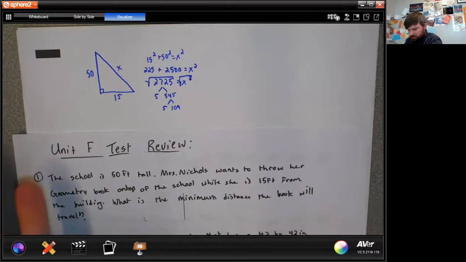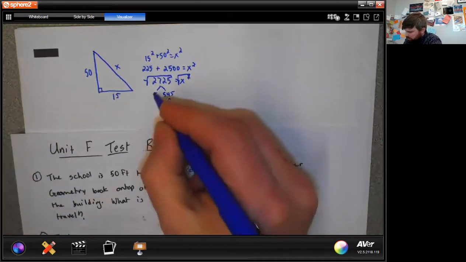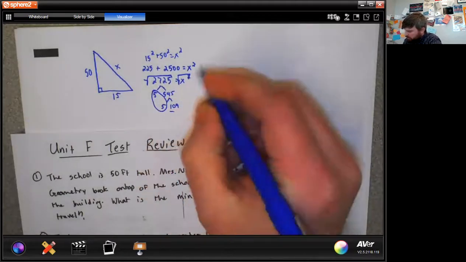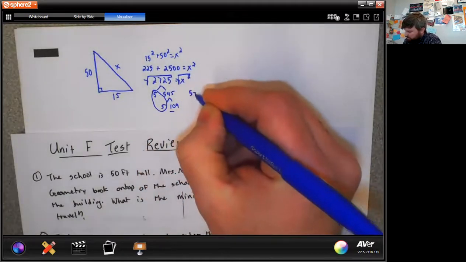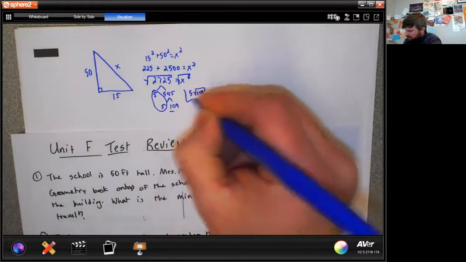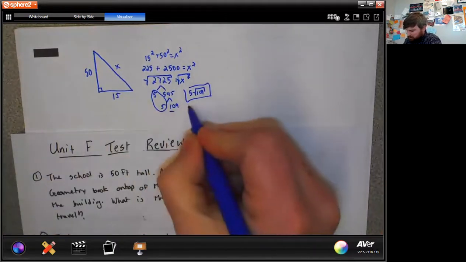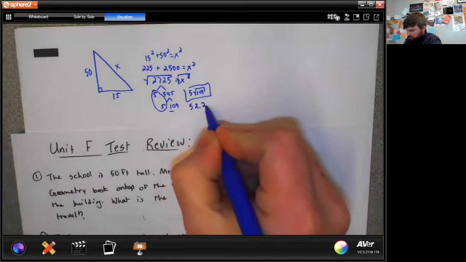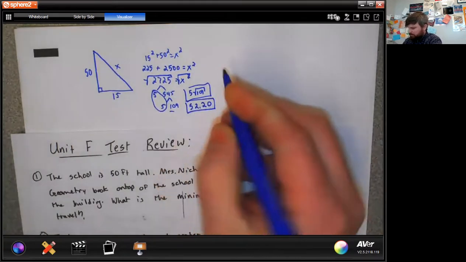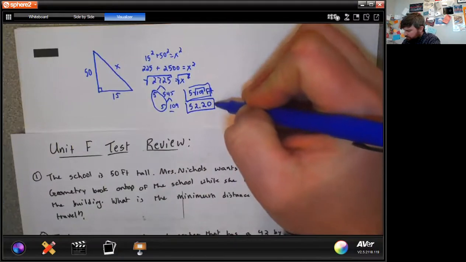I think 109 might be a prime number here. Yeah, okay. So we got a group of 5s and 109, so that would be 5 square root of 109. It might ask it that way, or it might say, what is the decimal? In that case, the decimal is 52.20. Okay, and feet would be your label.